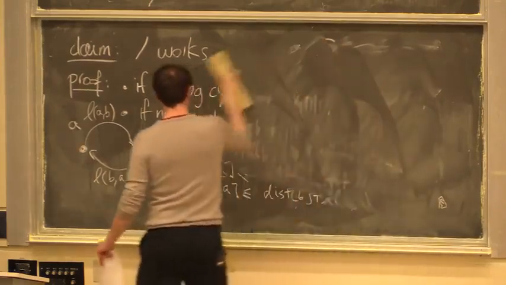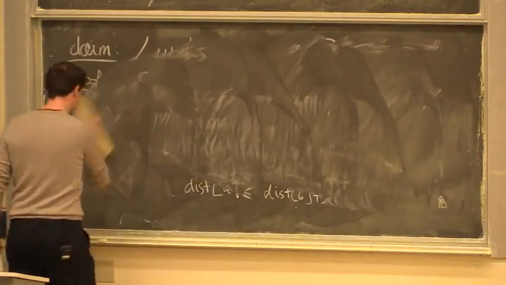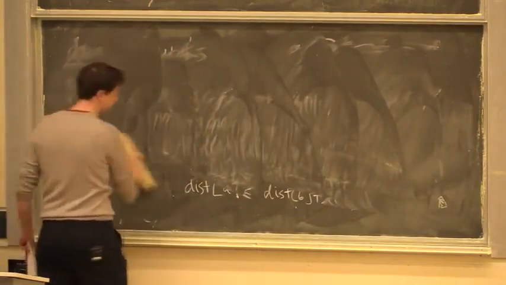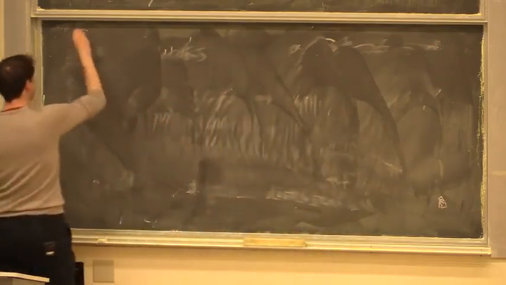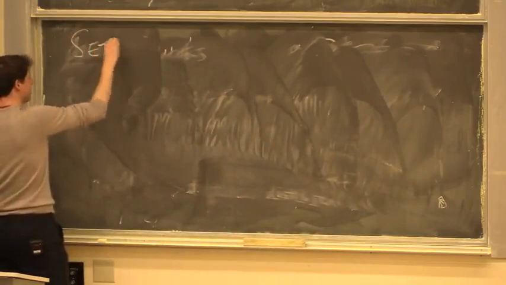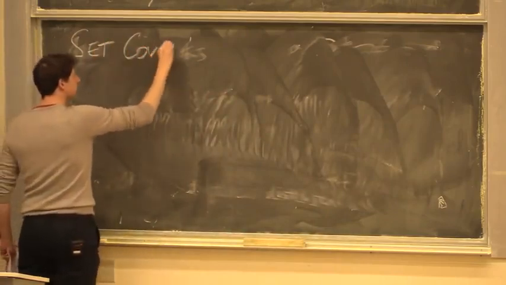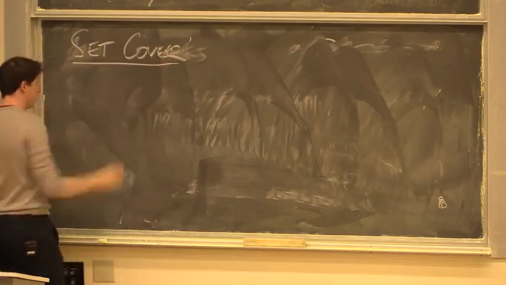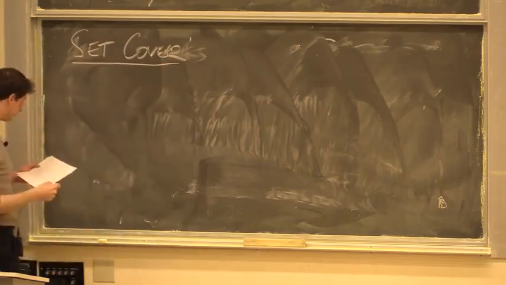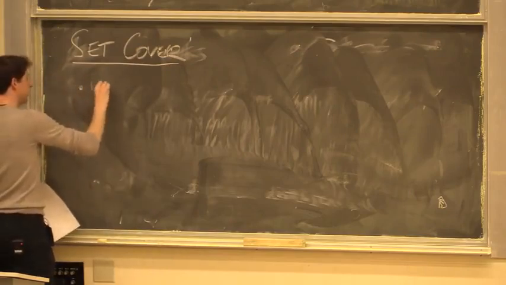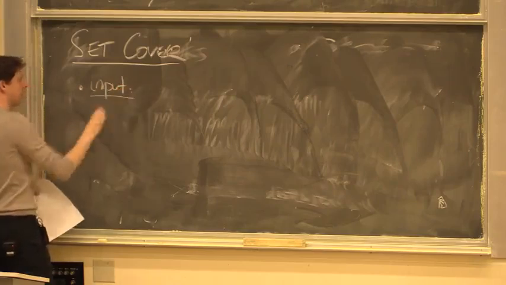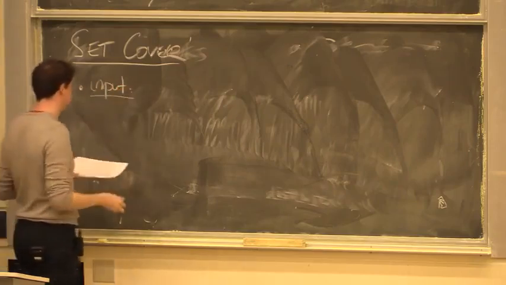All right. So here's another problem. You're going to see it probably many times in this class. It's called set cover. It's a combinatorial problem about just subsets.